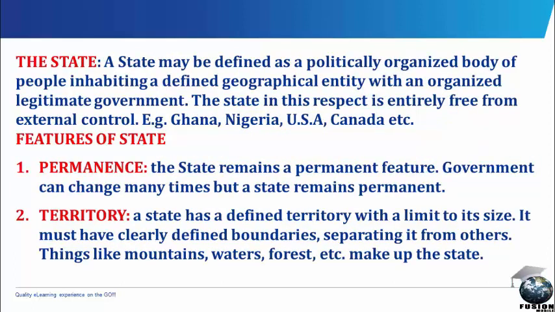So for you to call any place a state, it must have a defined territory. It must have a geographical location which is defined with clearly defined boundaries, making it separate from one another for it to be called a state.